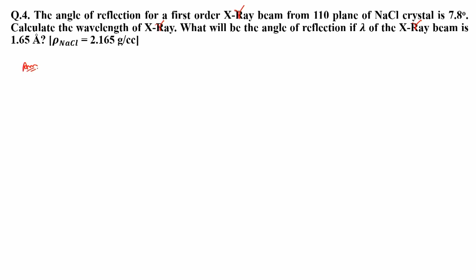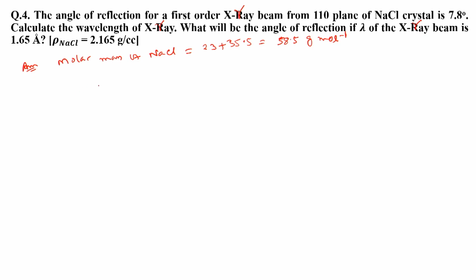Now we start with the molar mass of NaCl, which is 23 plus 35.5, so 58.5 grams per mole. So this is given. So what will be the volume? Because the density is given.